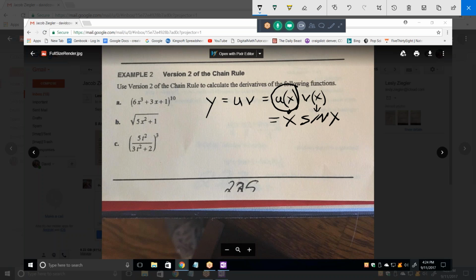Now, here's what the product rule says. It's really rather straightforward and simple. The derivative is the first function times the derivative of the second function plus the reverse.